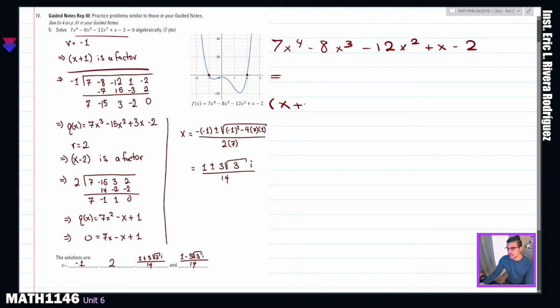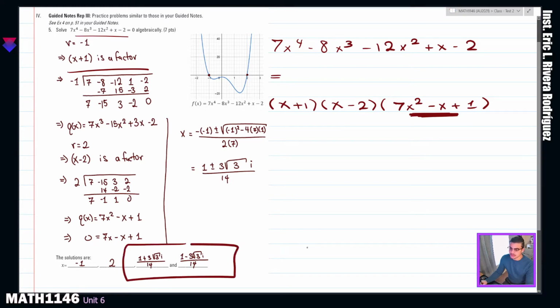So it's x plus 1, x minus 2, and then 7x squared minus x plus 1. From this last factor, this quadratic factor, is where we get the two complex zeros.